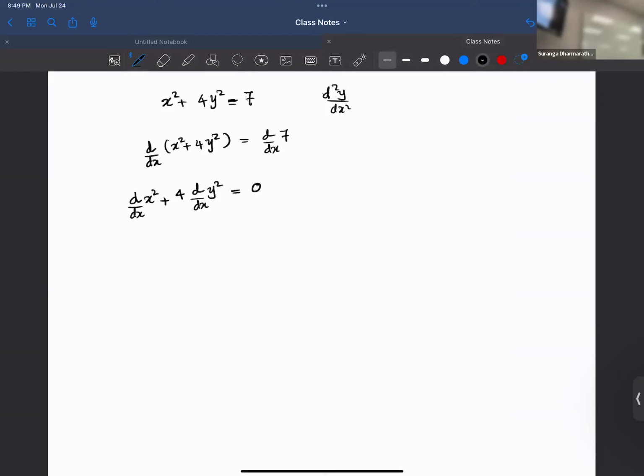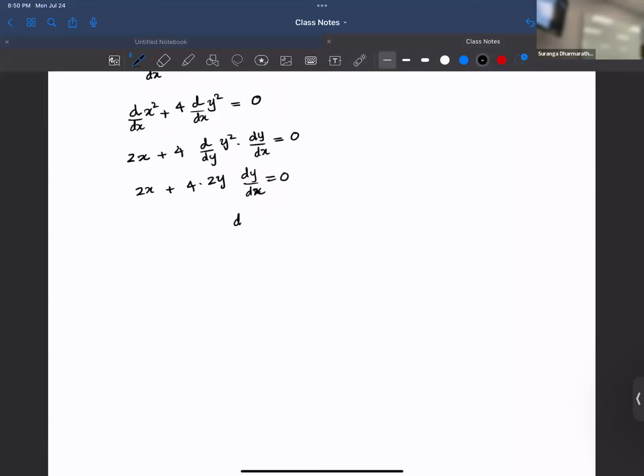So d over dx x squared is 2x, plus 4 times, now the chain rule, d over dy y squared times dy over dx, equals 0. So this is 2x plus 4 times 2y times dy over dx equals 0.